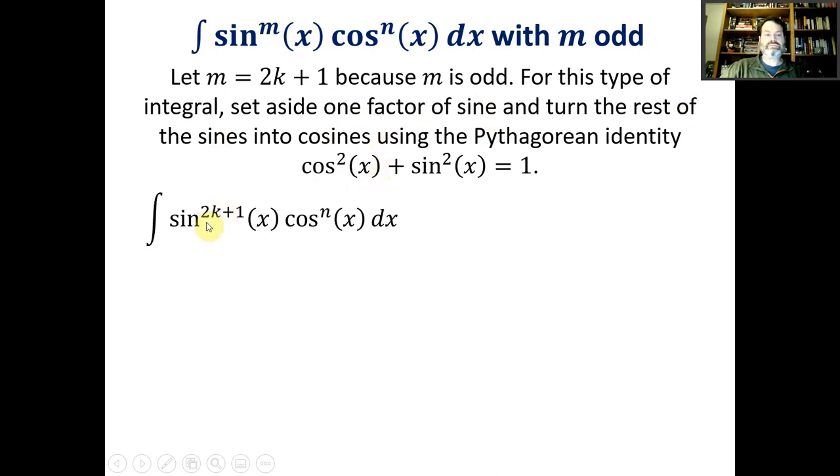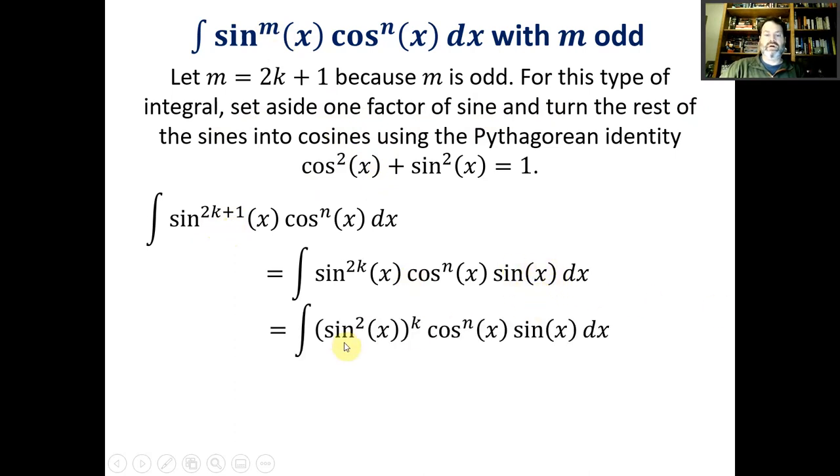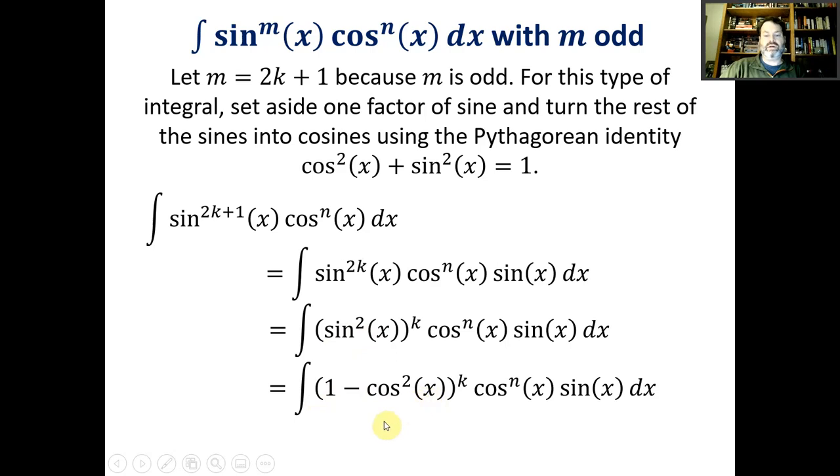So pull out a sine here. Turn these sines, so it's sine to the 2k, so it's sine squared to the k. Use the Pythagorean identity, make it 1 minus cosine squared. And then we just substitute u equals cosine. And the derivative, again, will be negative, right? Because du will be negative sine x dx.